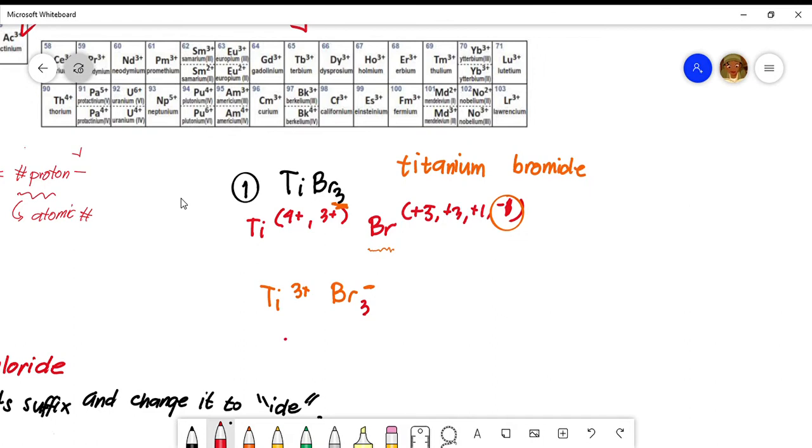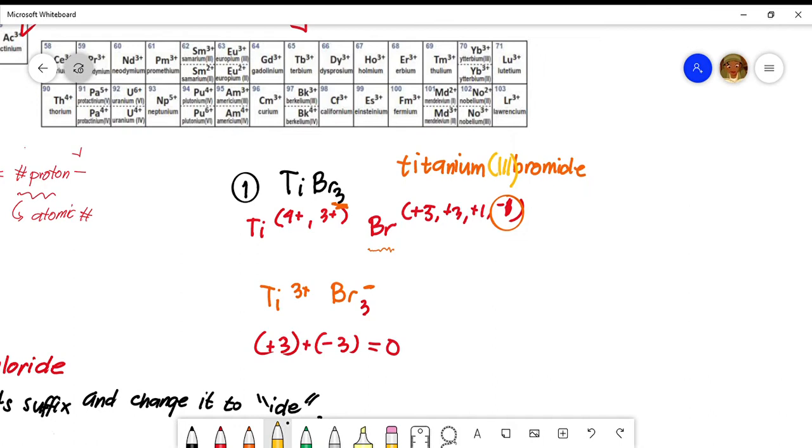When we say stable, the net charge of this ionic compound is equal to 0. So this is the net charge. So this is titanium(III) bromide. Okay, I hope that's clear.